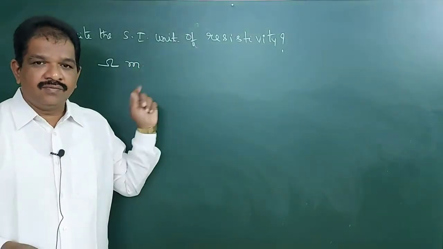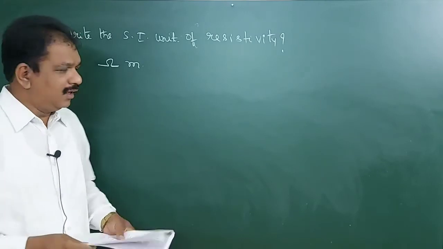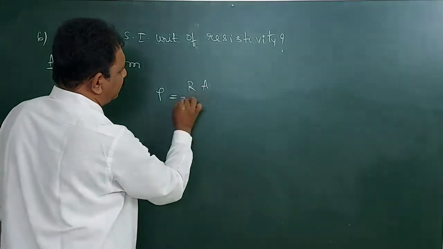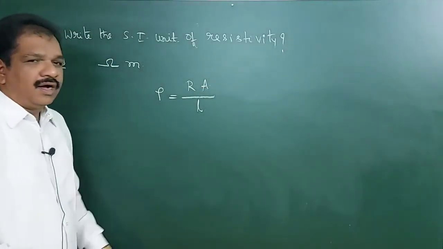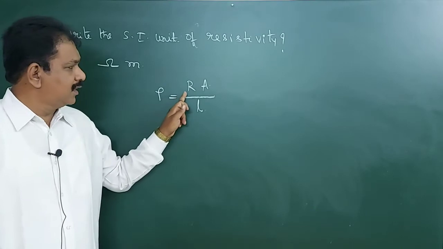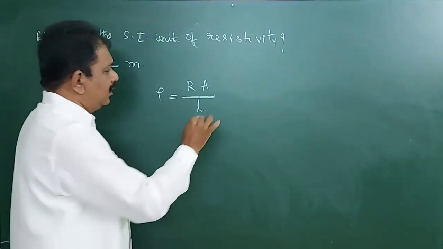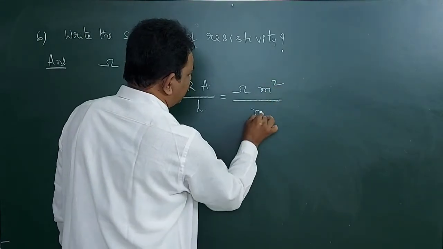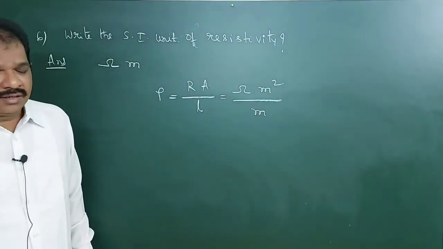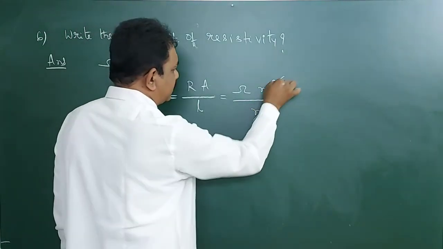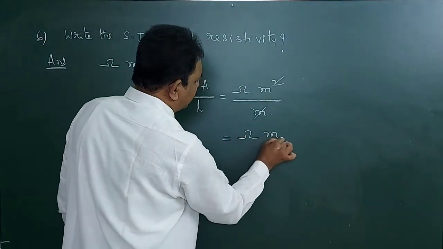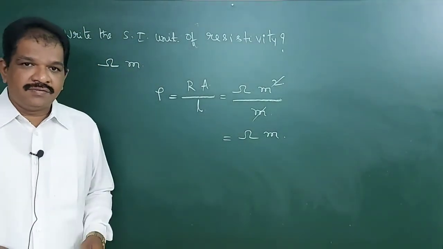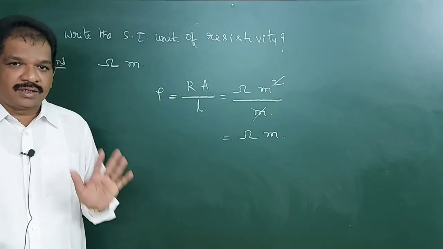How did this come? Resistivity rho is equal to RA by L. This is the formula for resistivity. This will be ohm, this will be meter square, and length will be meter. 1 meter will cancel here, so it becomes ohm meter. So the SI unit of resistivity will be ohm meter.